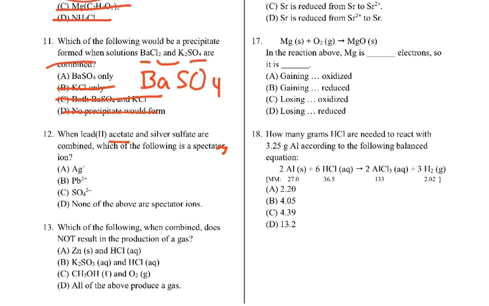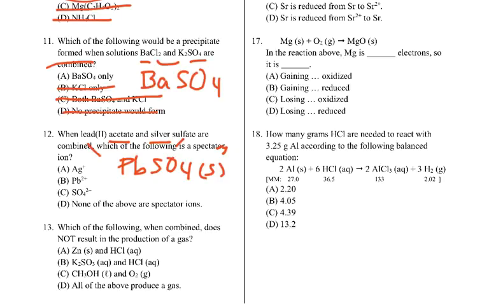Silver sulfate, we said sulfates are soluble except for calcium, barium, strontium, and lead, so silver sulfate would be soluble. So these two would all be soluble, and then they're going to combine to give us lead sulfate, PbSO4. And if we look on our sheet, sulfates are soluble except for lead, so that one is a precipitate.